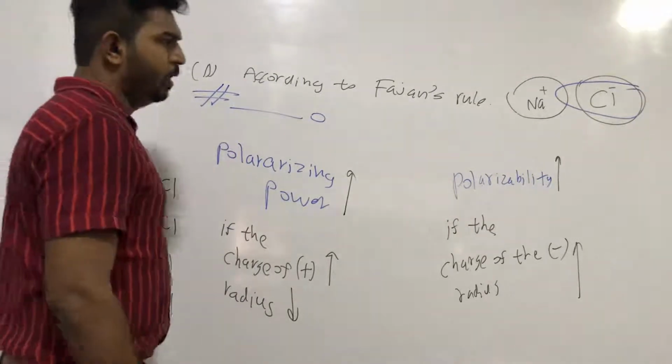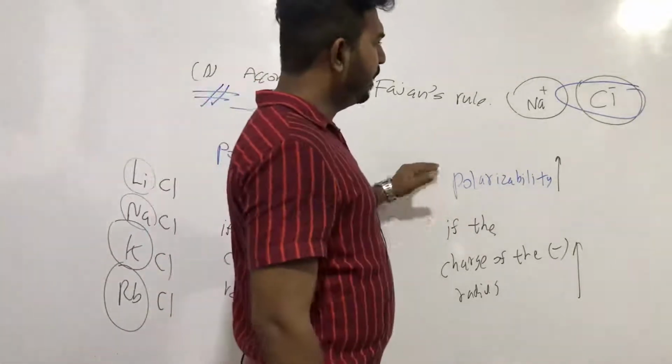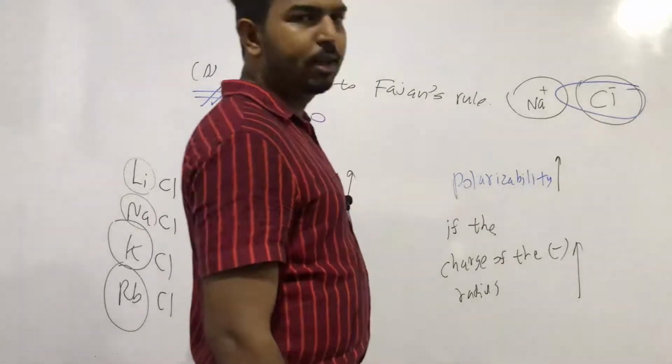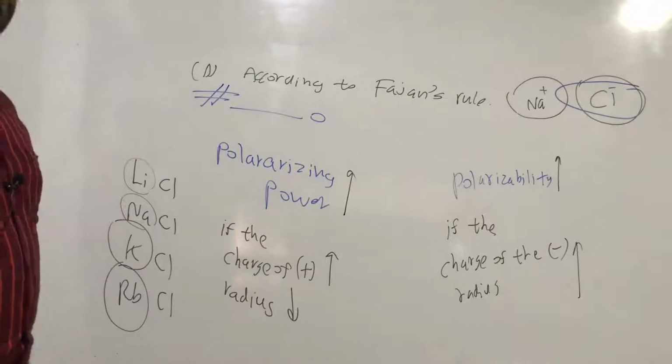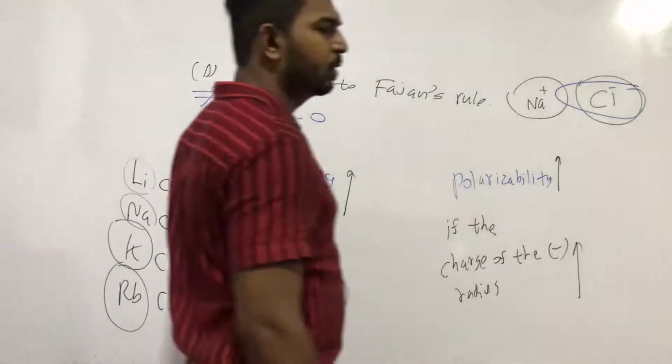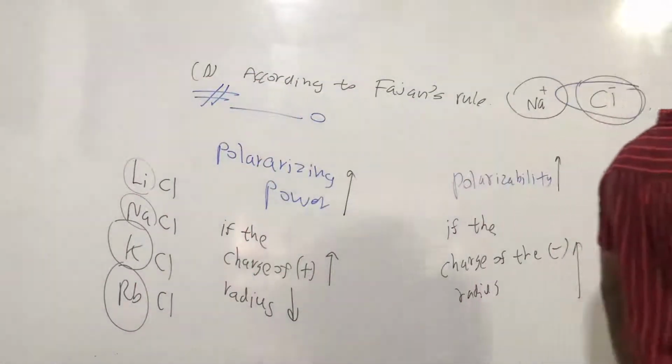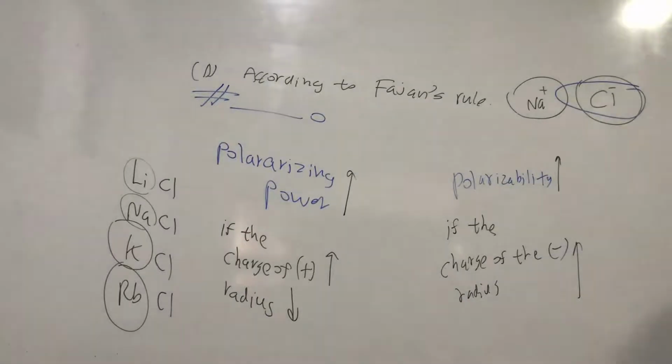Then we say that when polarizability and polarizing power increase, the ionic properties decrease.